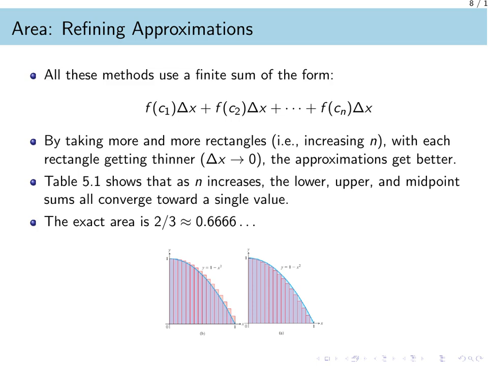The width of each rectangle gets thinner, and the error from our over or underestimates gets smaller. As shown in Table 5.1 from the textbook, as n increases, the lower, upper, and midpoint sums all converge toward a single value. This limiting value is the exact area, which for this problem is 2 divided by 3.